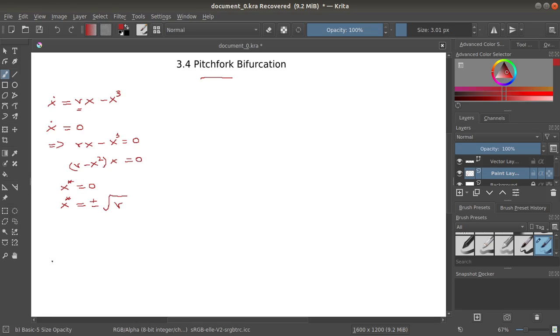Now let's construct the bifurcation diagram, which is a plot of r versus x star. How are we going to obtain it? Just by plotting this one and this one in this graph. So let's plot this.